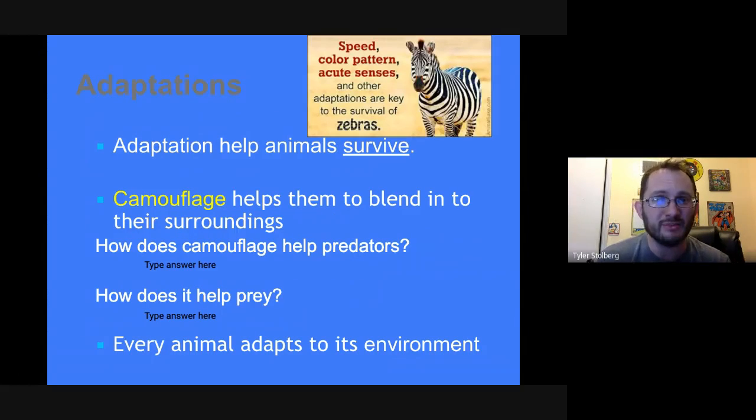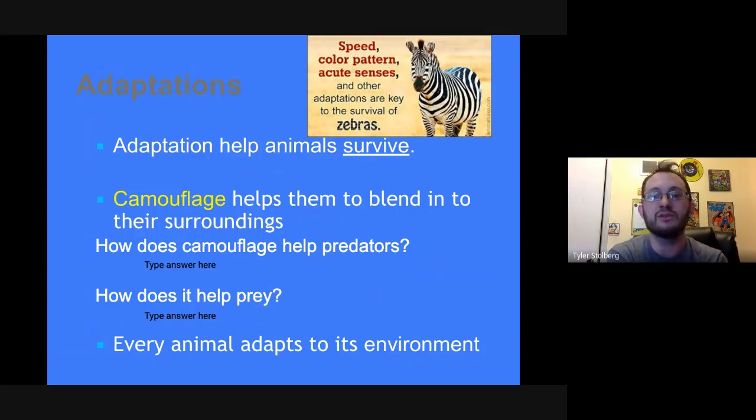For more about adaptations: adaptations help animals survive, and a big one is camouflage. A lot of animals use camouflage to help them blend into their surroundings. Think about animals like a chameleon that can change its color to blend in to protect itself from predators, but also animals that just naturally have colors that resemble their environments, like an Arctic fox or other things that live in the Arctic or where there's a lot of snow, which tend to be white, right?